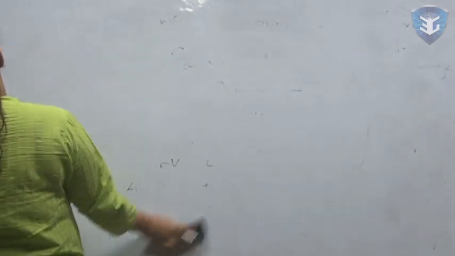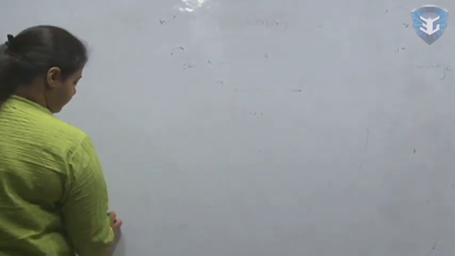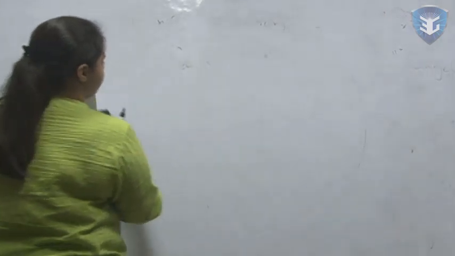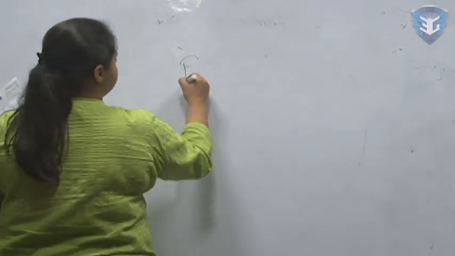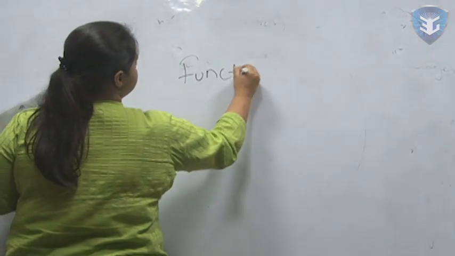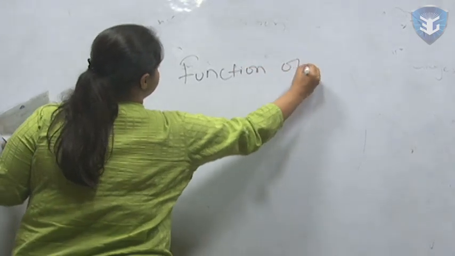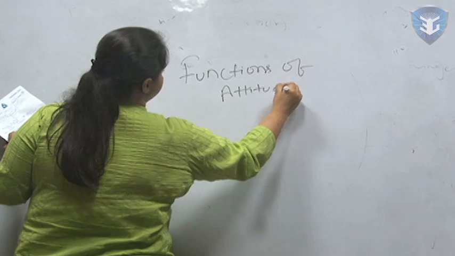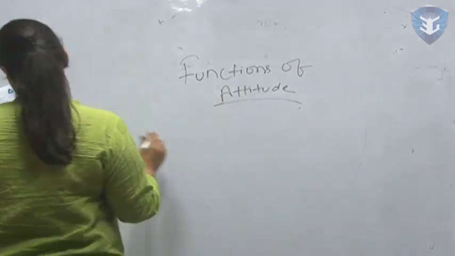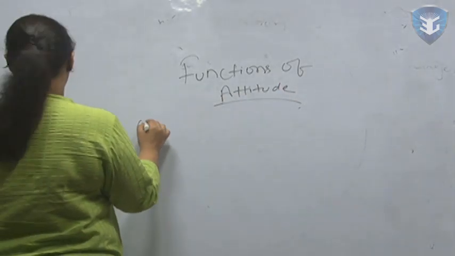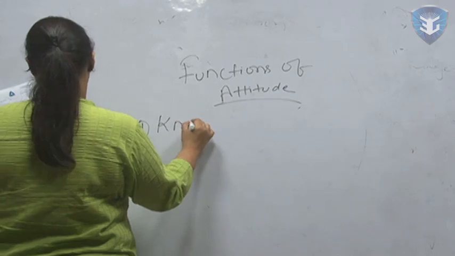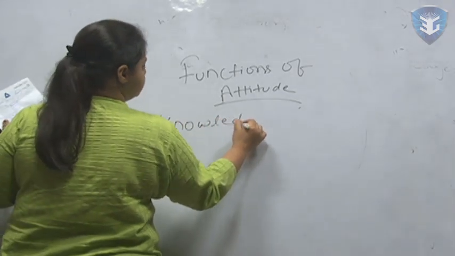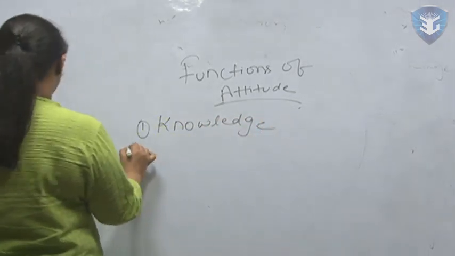After the features, let's see what are the basic functions of an attitude or how it can be useful. Functions of attitude. First, it is to see someone's knowledge.